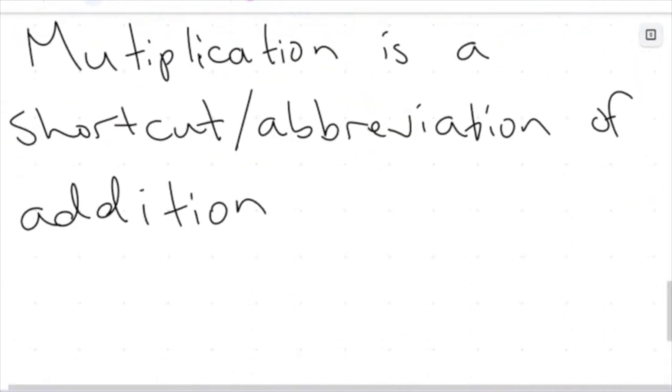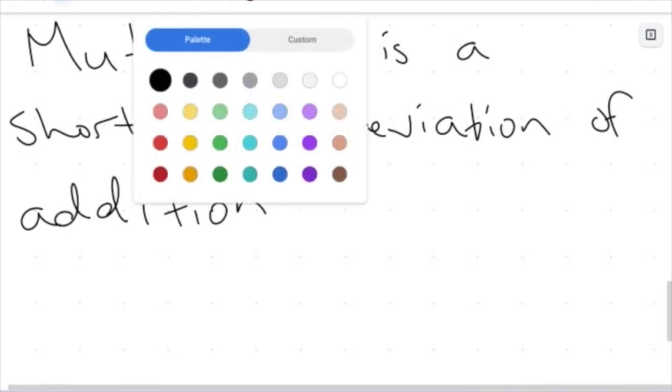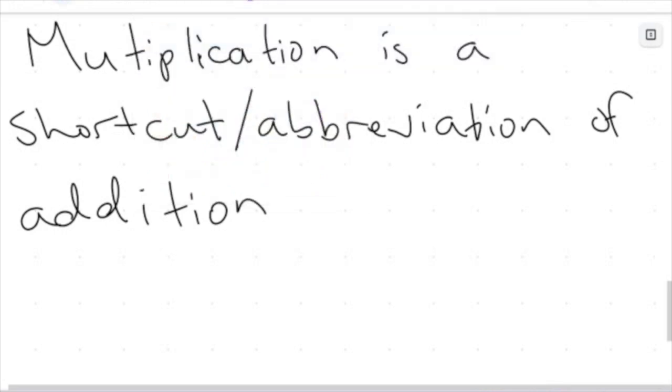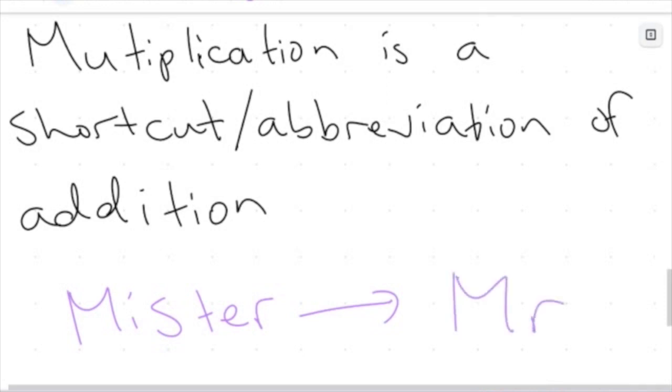So let's think about what an abbreviation is. An abbreviation in the English language is just shortening words or phrases. So when I think of the word Mister, I can rewrite that. So when you get, for example, a letter in the mail, or you get an email, or anything with your title, say Mr. or Mrs., it comes in written in this shortcut way.